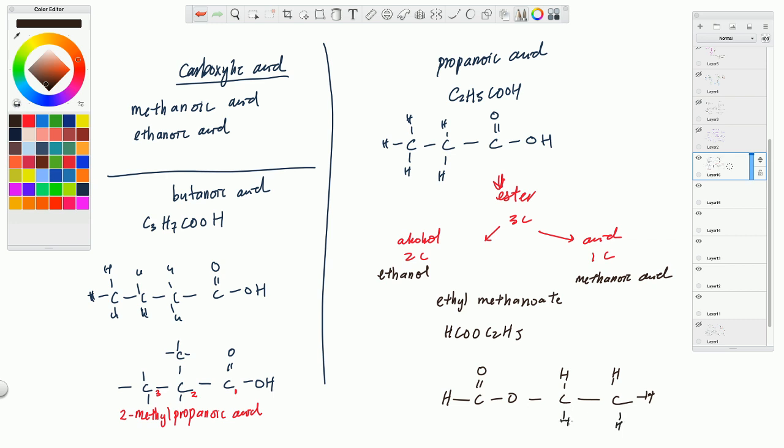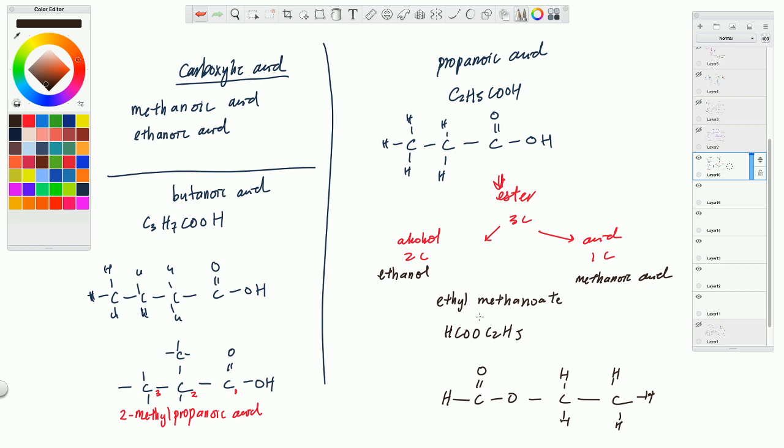Okay? Now, you count and see, does it also have 3 carbons? 1, 2, 3. 1, 2, 3. Does it also have 6 hydrogens? 1, 2, 3, 4, 5, 6. Does it have 2 oxygen? 2 oxygen. Okay? Can you think of another isomer?